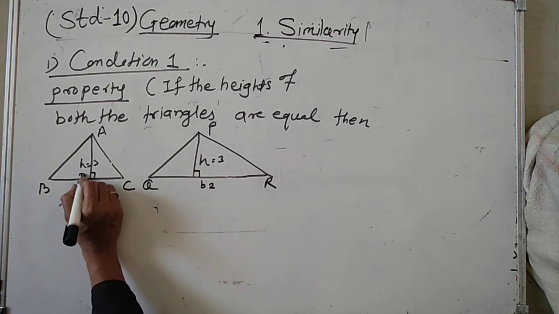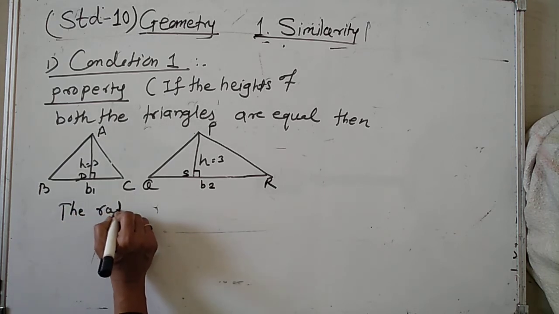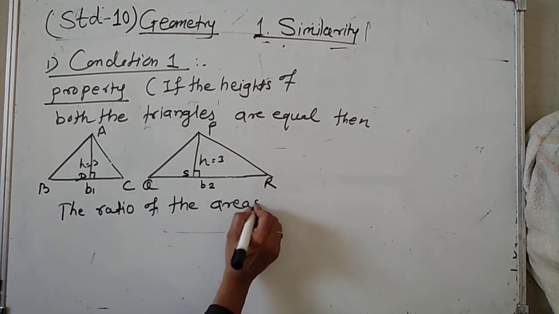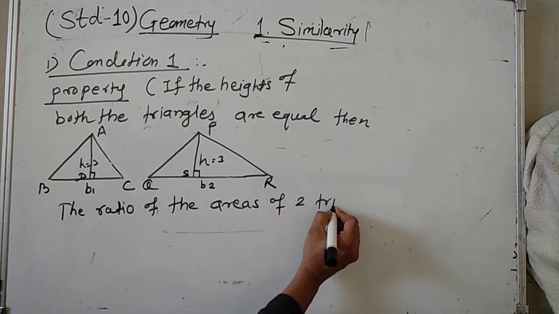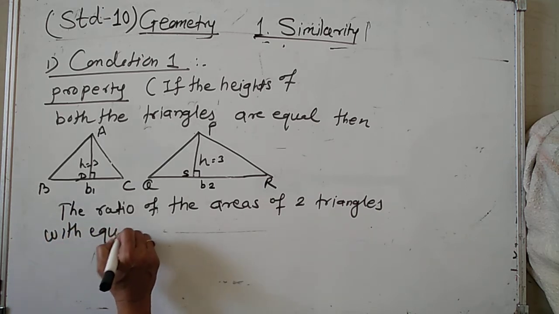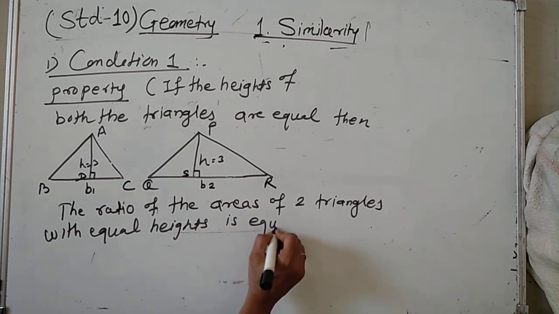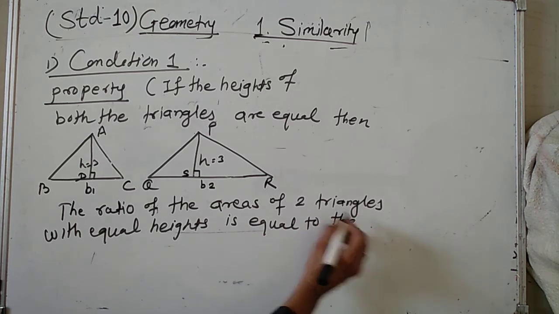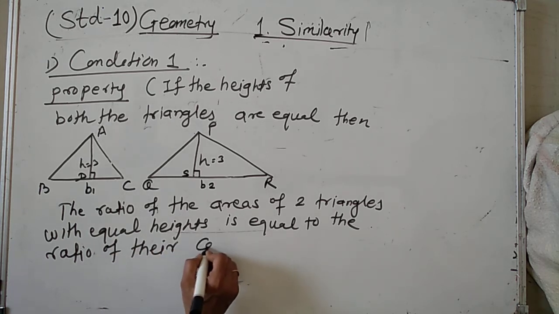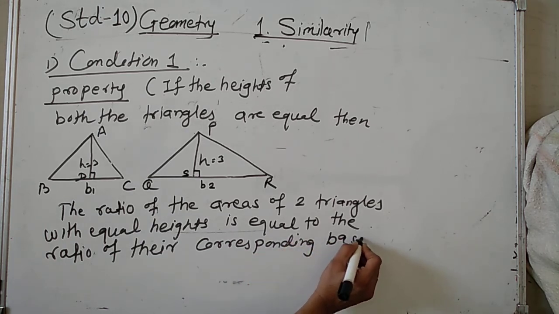then the heights AD and PS. The ratio of the areas of two triangles with equal heights is equal to the ratio of their corresponding bases.